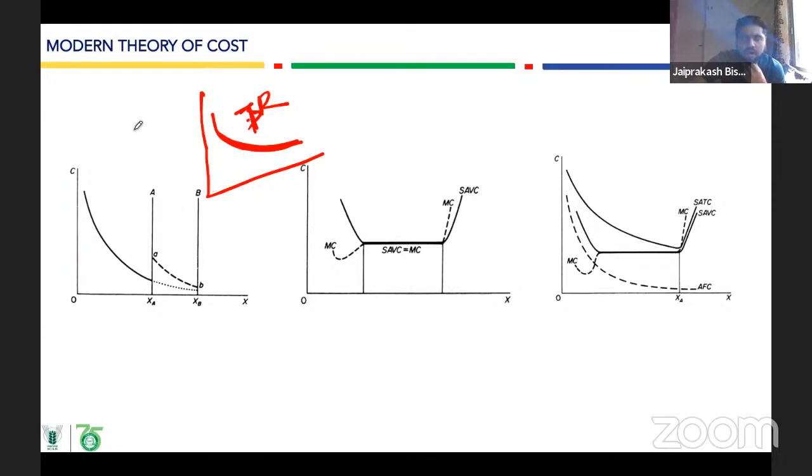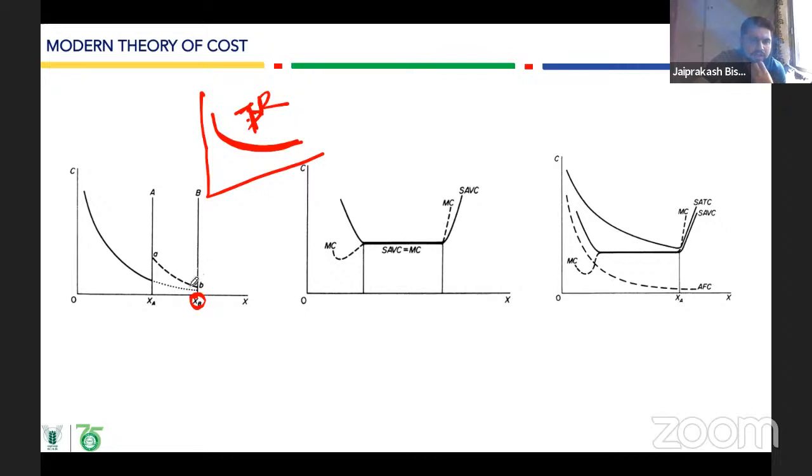Similarly, in the long run, this is the modern theory of cost. It is also a rectangular hyperbola, but there is some provision for adjustment also. For example, to produce an amount of output, the firm can also go for using more of the inputs, like over time it can employ some resources.